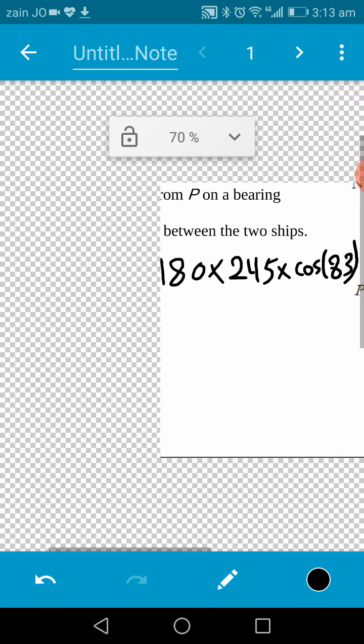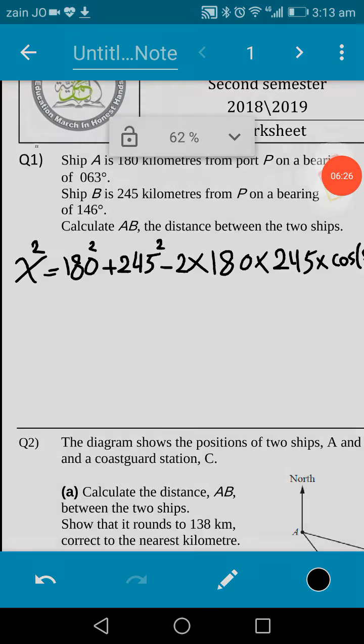Close it, then find the answer and then take the square root.